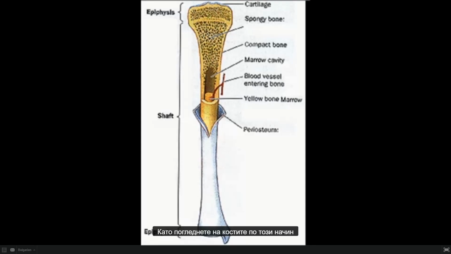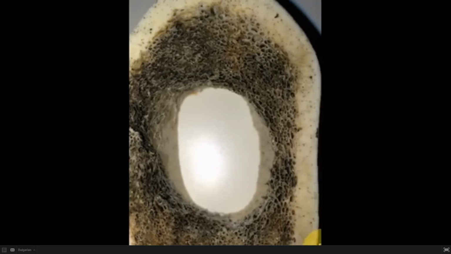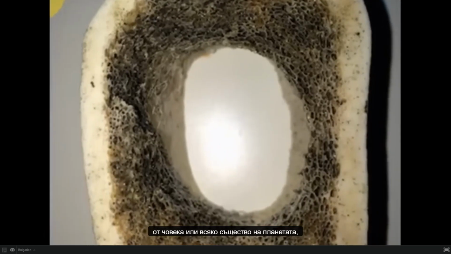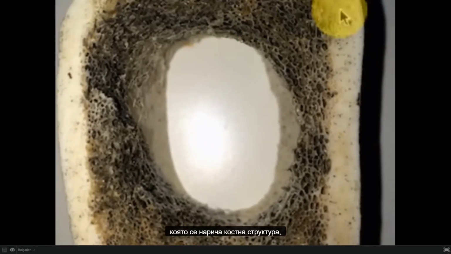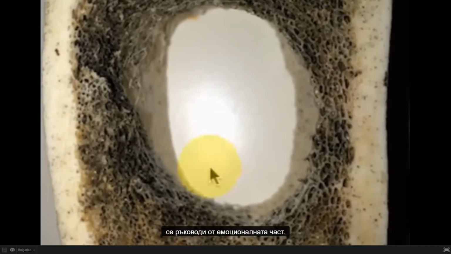Then when you look at the bone in this way, you will see why and how the emotional part has transferred the knowledge to the physical part, and at the same time the only piece of the whole human or any being on this planet which has got a bone structure is left with the boss, with the emotional part.